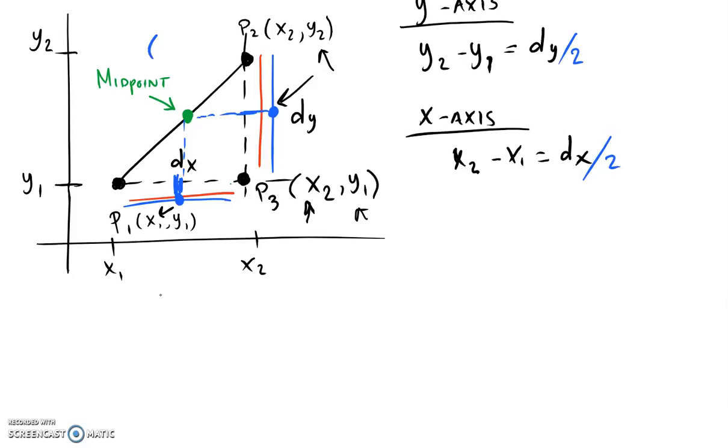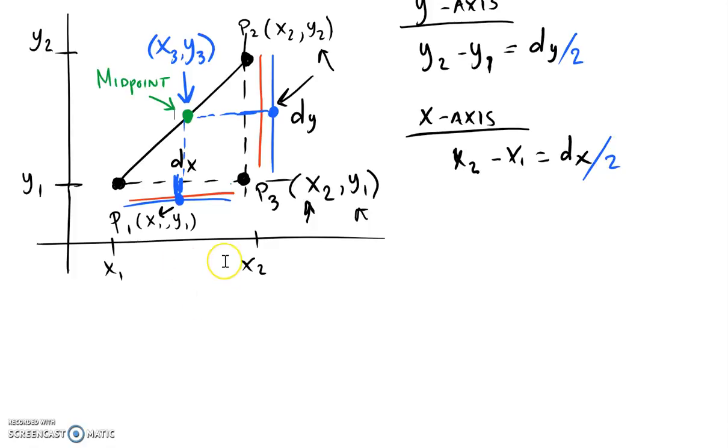Let's just call this x3 and y3. These are just arbitrary coordinate points. Don't get it confused with anything else, just to represent that midpoint. So now, as you can see, we can use our knowledge of finding the length of a side to actually find the coordinate points of this midpoint.